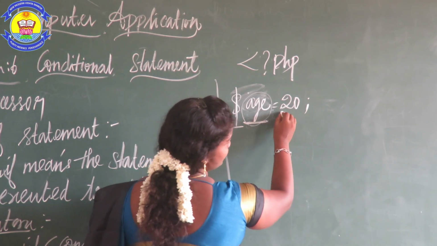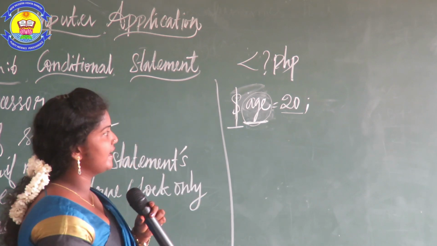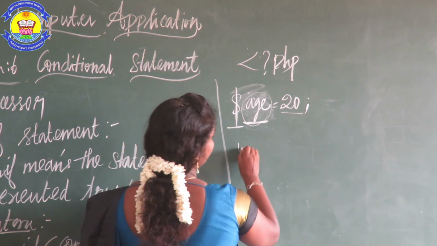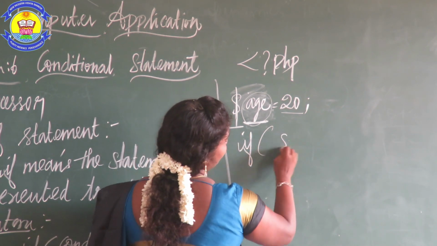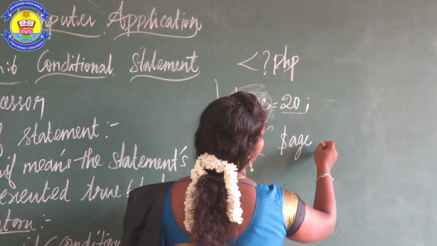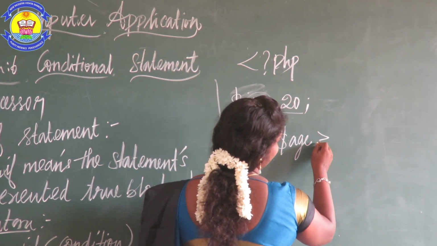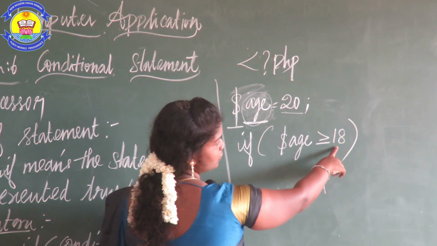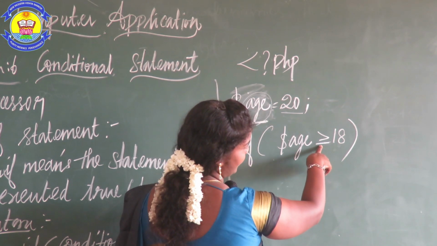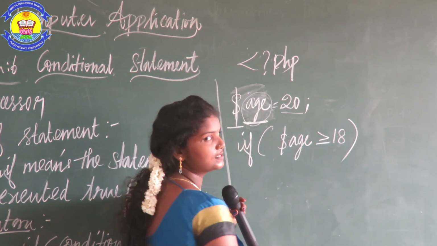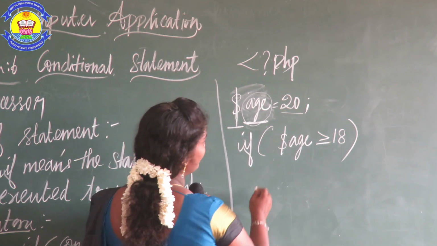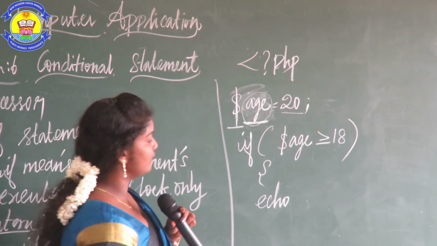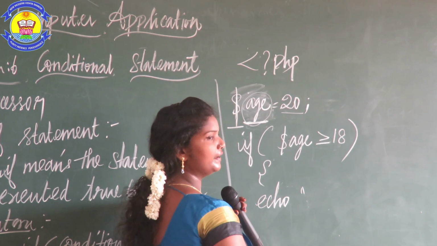Now listen. This age 20 is eligible. I'm going to check whether it is eligible for voting or not. So I'm going to give an if statement: if the age is greater than or equal to 18, because voting age is 18. So it can be 18 or it can be more than 18. That person is eligible for voting. I'm going to give an echo statement. Echo statement means printing statement. Whatever we give within the echo statement is printed on the screen.